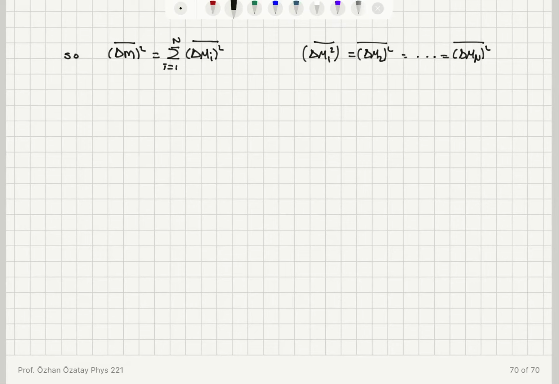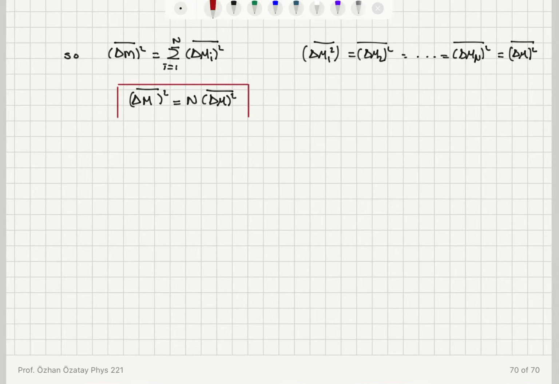Why is that? Because the probabilities for being up and down are the same for each magnetic moment. So it's going to be the same dispersion for each moment. Therefore, for delta m square bar I will have capital N times delta mu square bar. It's the same number for each spin.